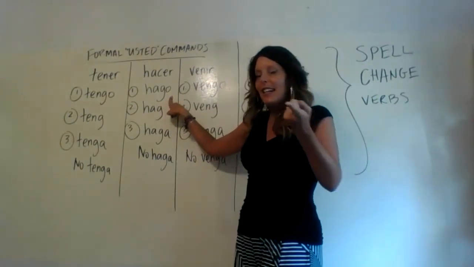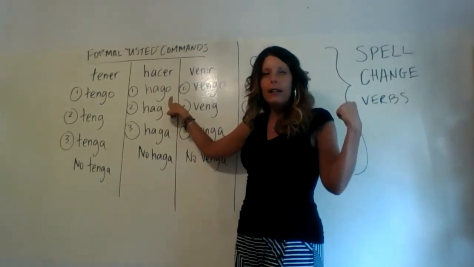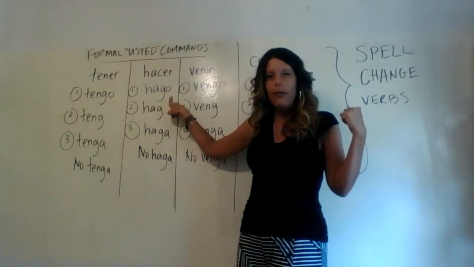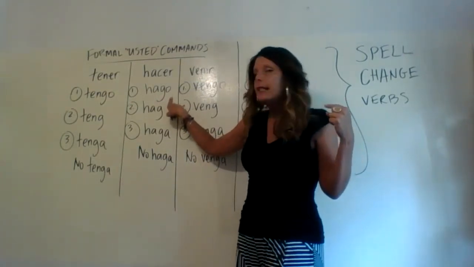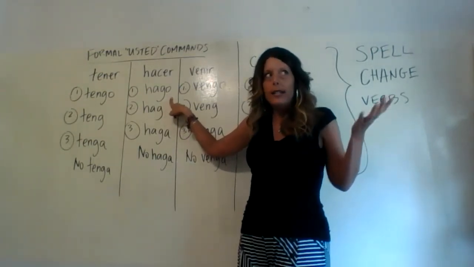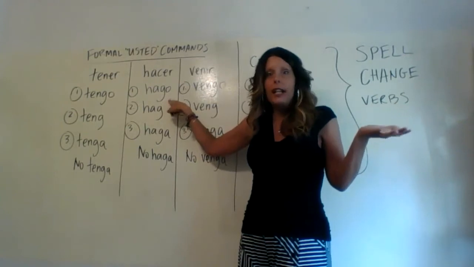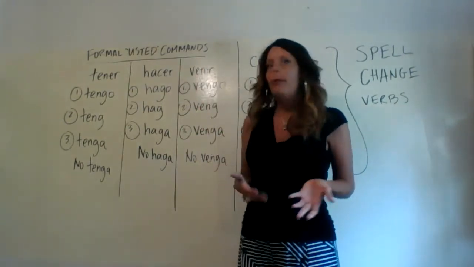If you notice in the other video with the stem change verbs, if we skipped our steps, we wouldn't have been accounting for the stem changes that occurred, E to IE or whatever. And in this, if we don't take it back to the yo conjugation of the present tense, then we're missing out on this G that we've seen so far that is necessary, and we wouldn't be accounting for it.